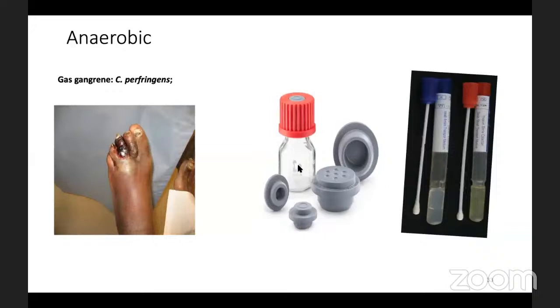This one is my case. The air has been sucked out, so there's vacuum in, and the cap is this penicillin container. So there is virtually no air in there, no oxygen in there. So when you take your sample, this is the ideal container for anaerobic samples. But how many labs?